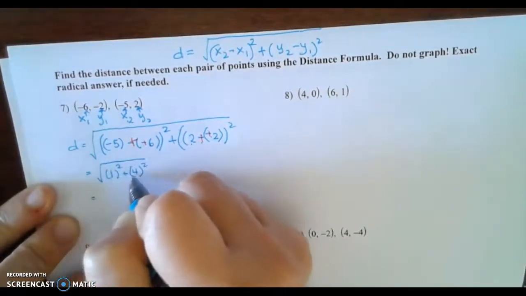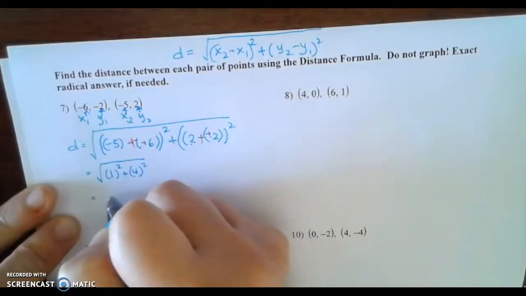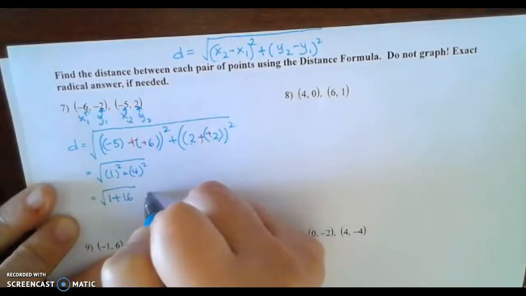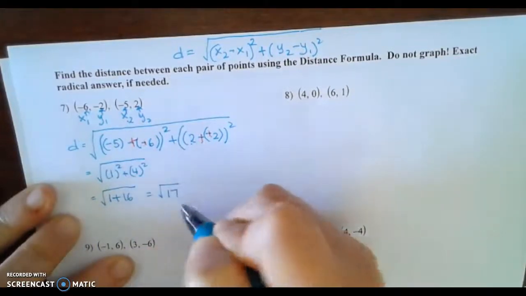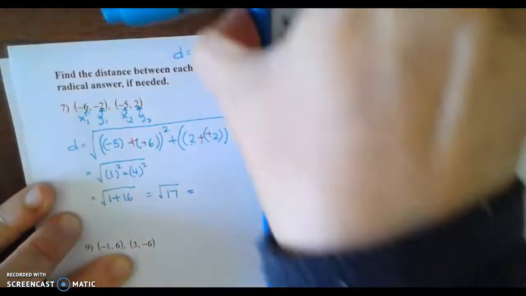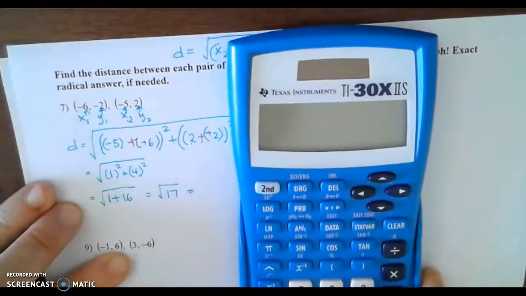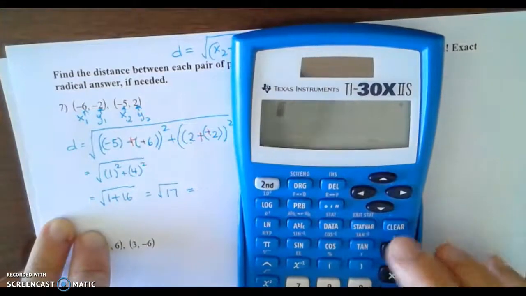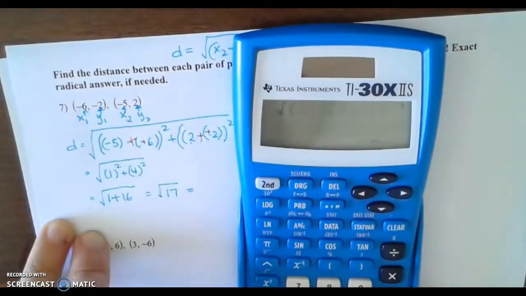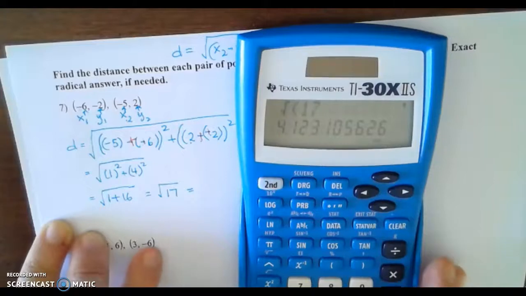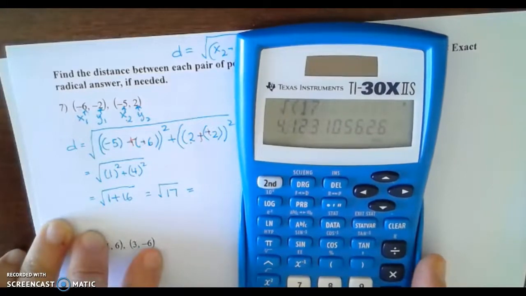And so 1 squared is 1, 4 squared is 16, 1 plus 16, square root of this, and that's going to be square root of 17. And if I use the calculator, what is square root of 17? Square root of 17 is 4.123105626. So that's my calculator value.